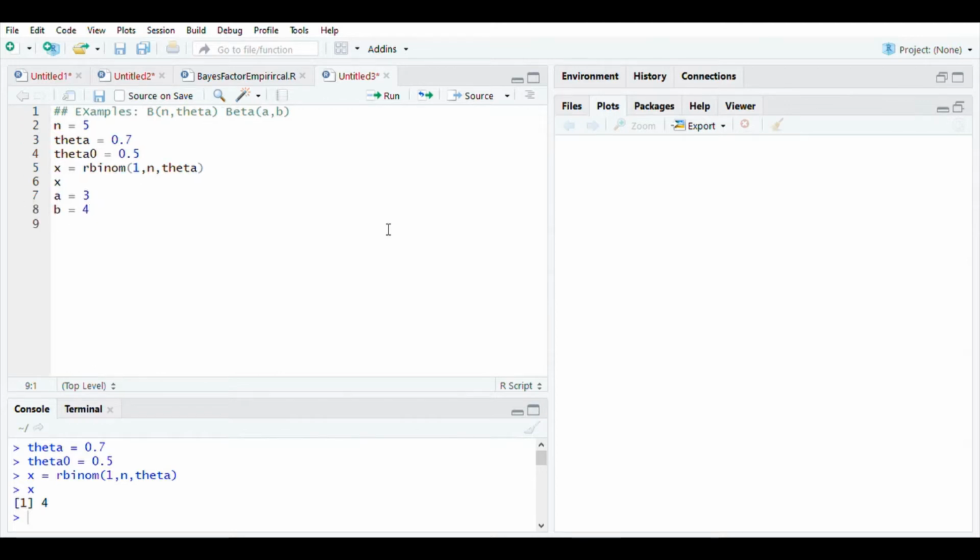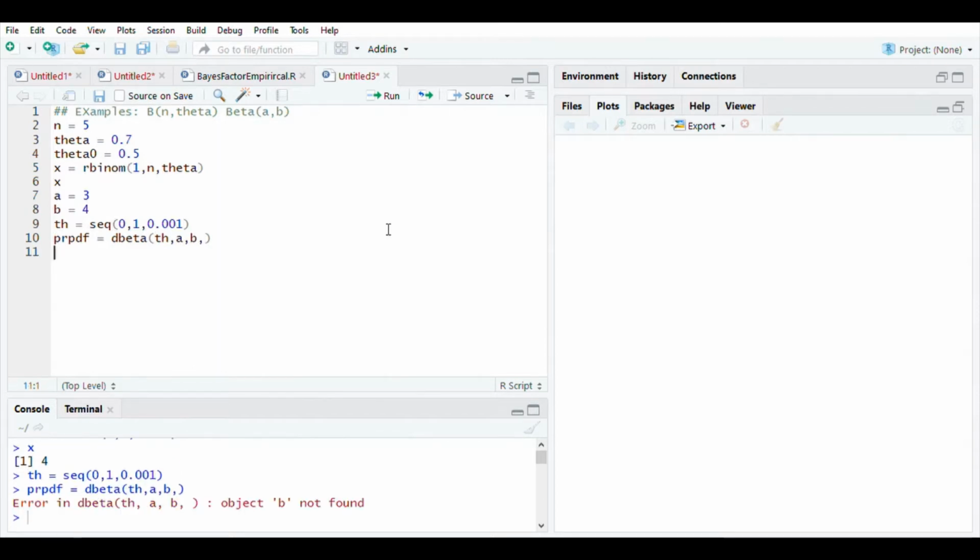Let us see how the distribution will look like. So theta is a sequence from 0 to 1, you can take 0.01 to 0.99, it doesn't matter. Now we want to calculate the prior distribution. So it will be dbeta at point theta with parameters a and b.